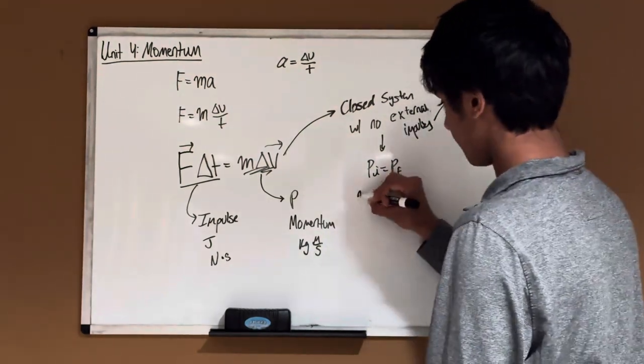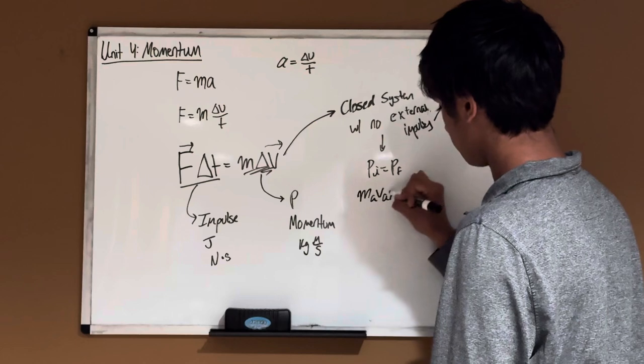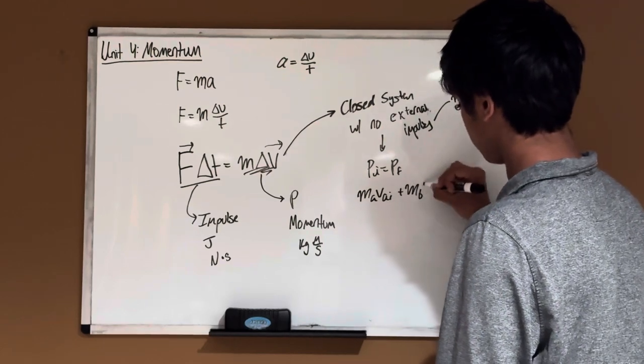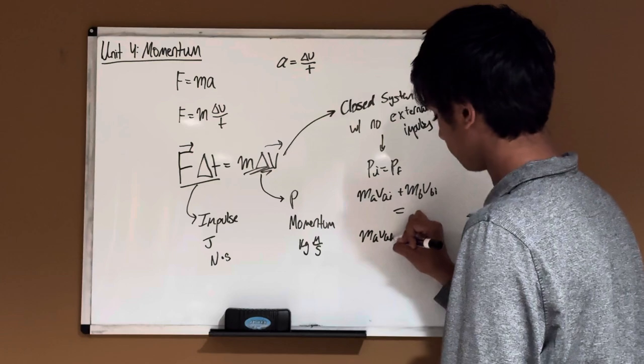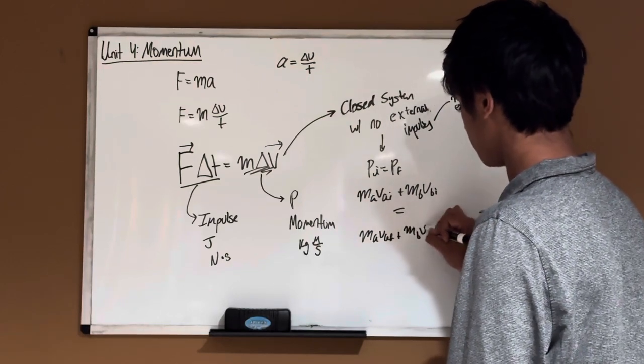Or in other words, mA vA initial plus mB vB initial is equal to mA vA final plus mB vB final.